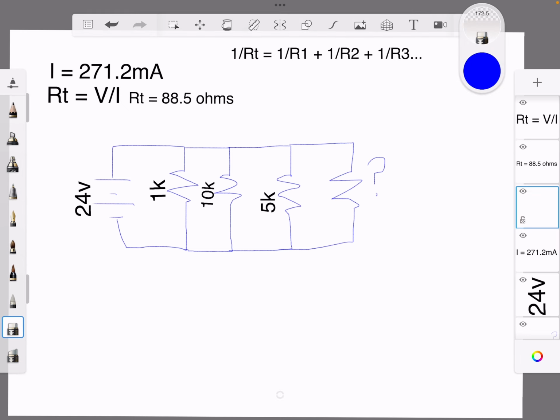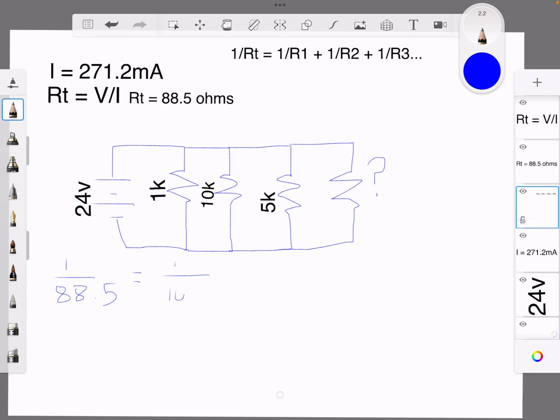So, we go 1. This is going to be a lot because these numbers are going to be terrible. 1 divided by 88.5 equals 1 over 1K. Well, the K means multiply times 1,000.